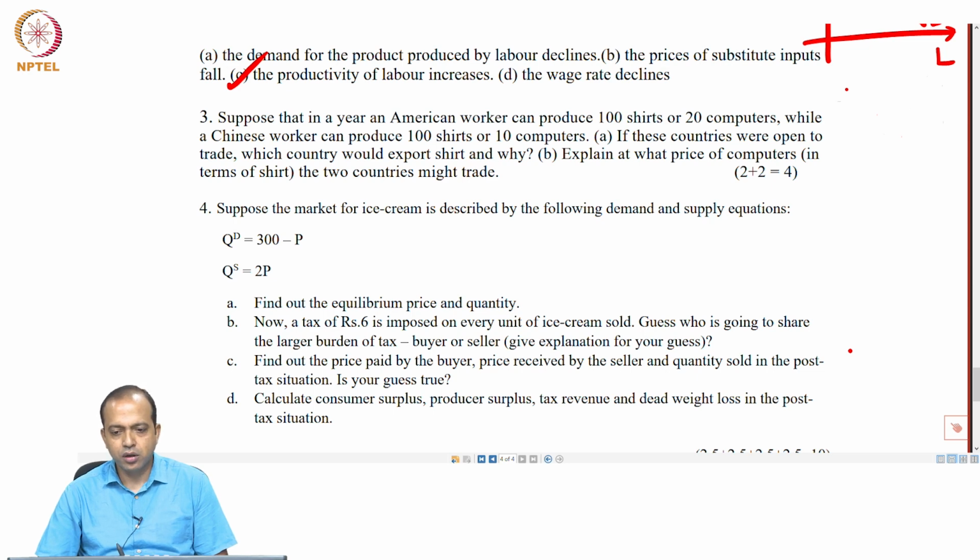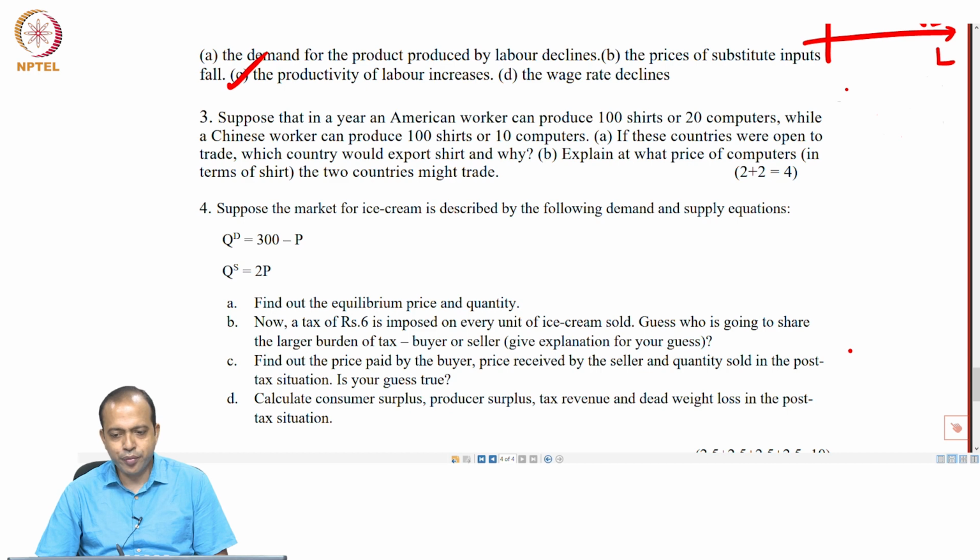Okay? 100 shirts or 20 computers. While a Chinese worker can produce 100 shirts or 10 computers. If these countries were open to trade, which country would export shirts and why?